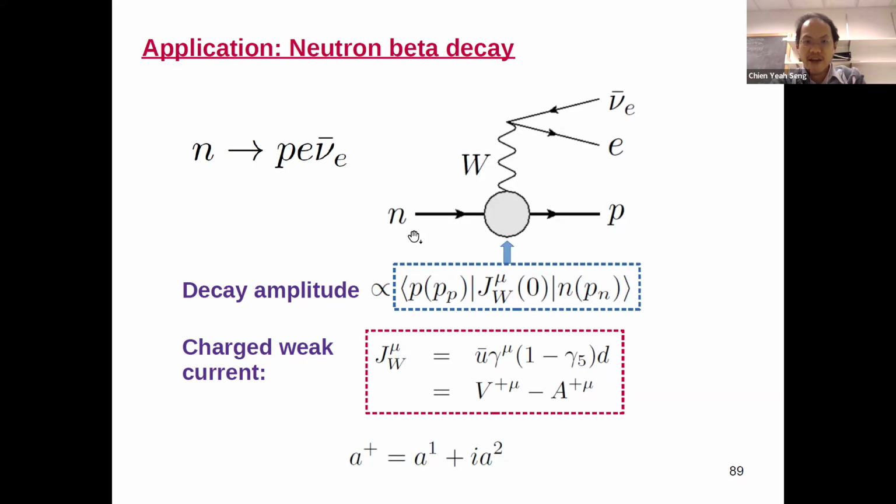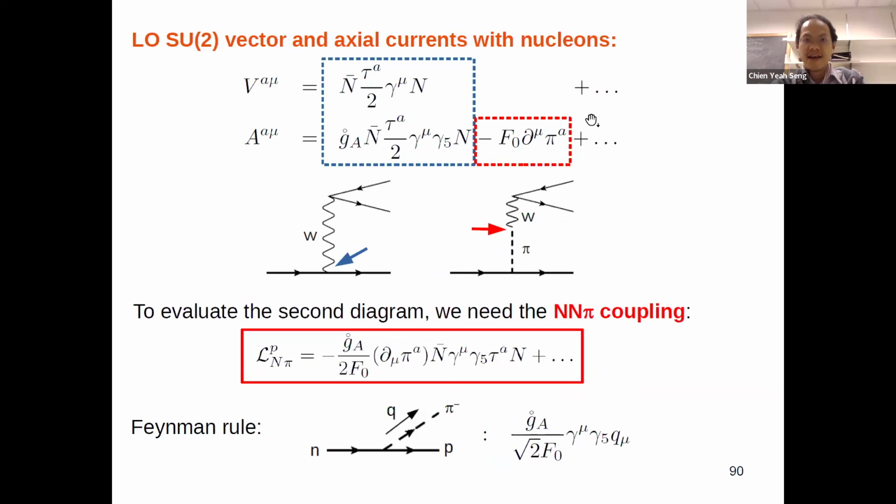Now, when we compute this process in chiral perturbation theory, there are actually two diagrams. The first diagram is where the W boson couples directly with the proton and neutron. And the second is where it first fluctuates into the pion, and then the pion couples to the nucleon.